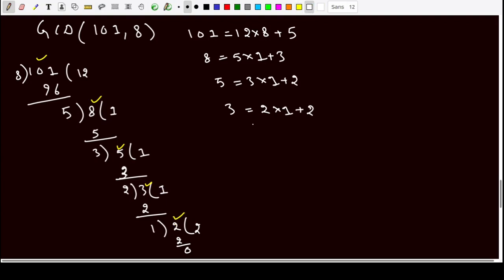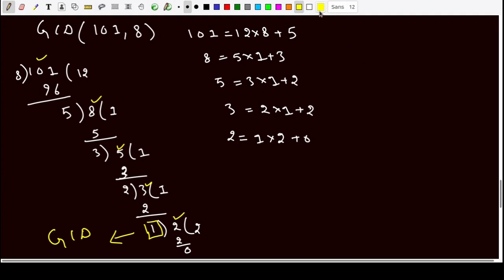So 2 equals 2 times 1 plus 0. So what is the GCD here? The GCD is 1.